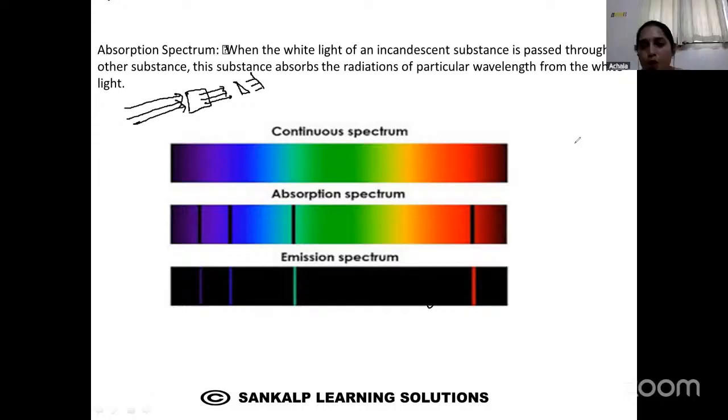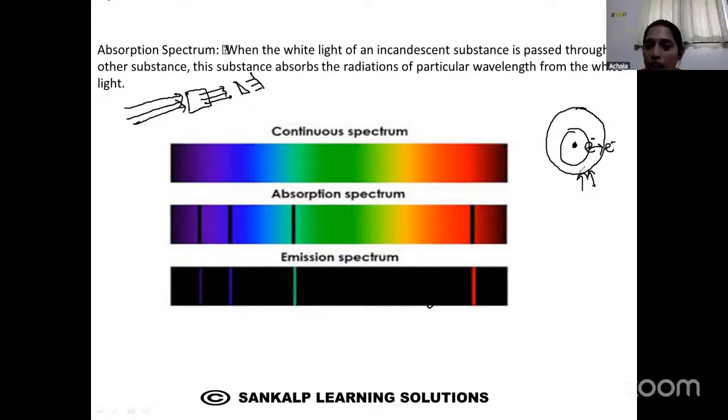When does absorption happen? Again, this is nucleus and electron in its ground state, and the electron wants to go to its higher state. It requires very high energy to go to this second orbit. So if I heat this atom or supply some radiation, at that time it absorbs some energy and goes to a higher energy level.